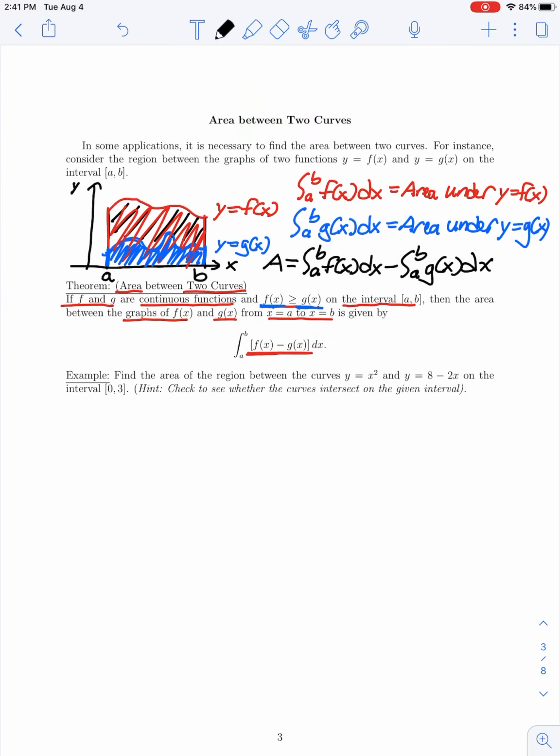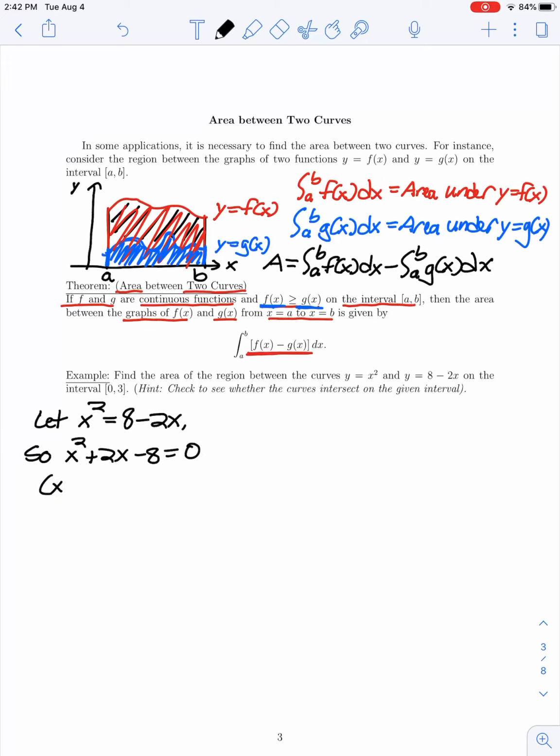To check whether these two curves intersect within our interval, we would set the values of these functions equal to each other. That is, x squared would be equal to 8 minus 2x. To solve for x, we could move everything to one side of our equation, say the left-hand side, and we would have x squared plus 2x minus 8 is equal to 0.